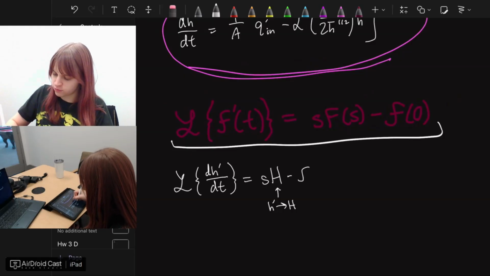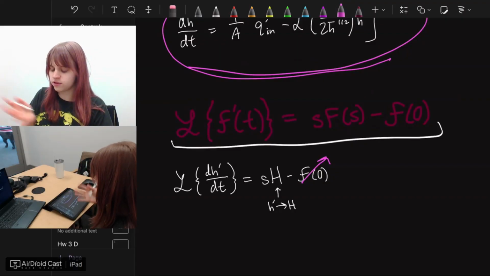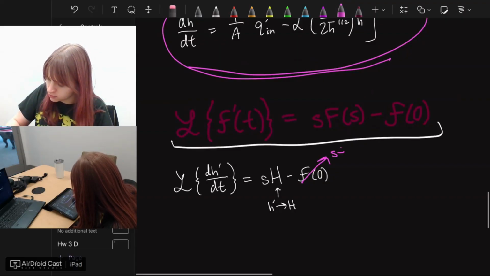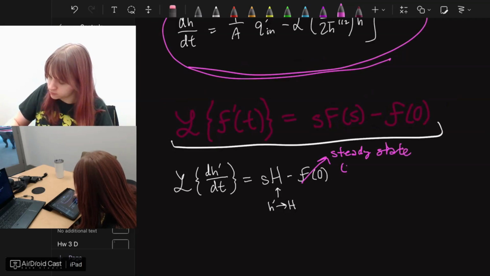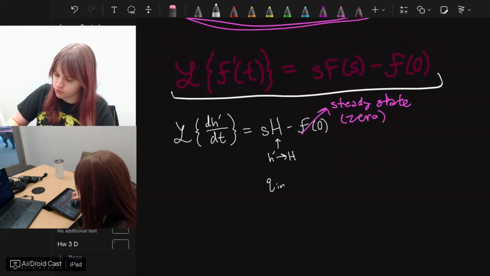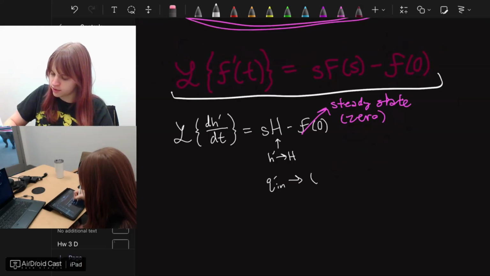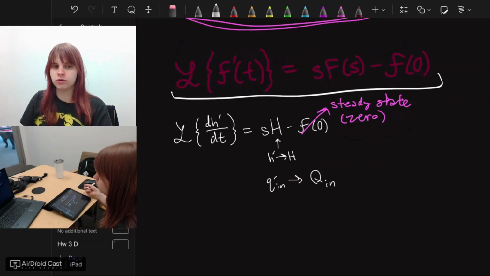We also need to subtract F0, but again, the reason for doing some of this was that this is steady state and it's 0. Similarly, taking this Q in, taking the Laplace transform of that, we just get a big Q in.